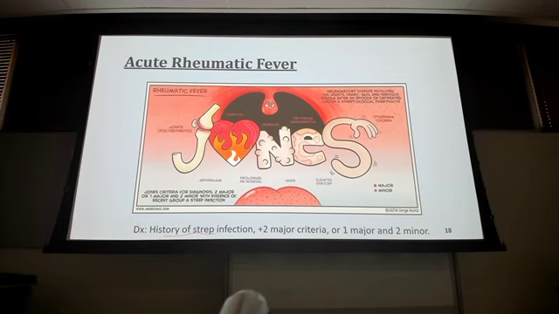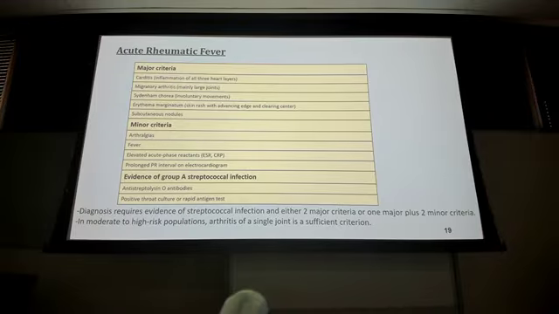Okay? We'll focus on what the minor ones are on this slide, and then we'll go through each one of the major criteria individually to explain what we're seeing with those. But looking at the minor criteria: arthralgias, fever, elevated ESR, CRP, not specific.